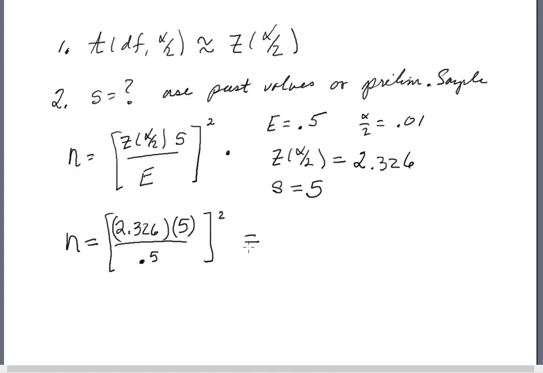And that's equal to, of course I did this earlier, 541.027. The convention is to use the ceiling function, so I would want to round that up. This would be equal to 542 as our sample size.